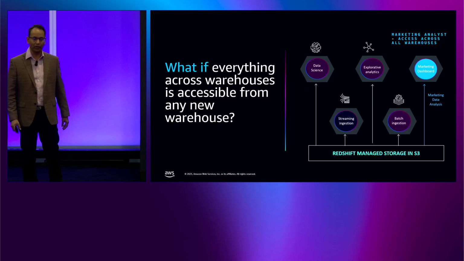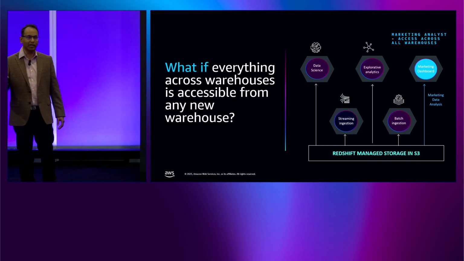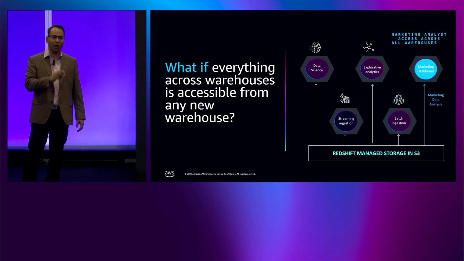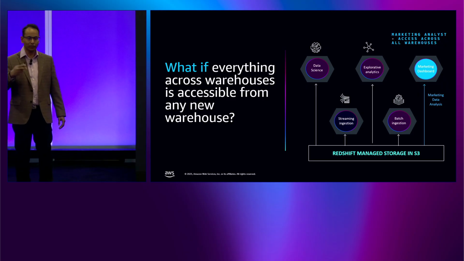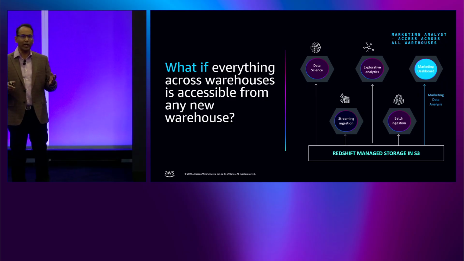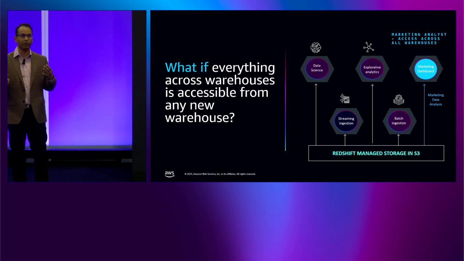For example, you have a new warehouse in blue, which is the marketing warehouse. You have the marketing data, but this marketing analyst wants to access the data across all your other warehouses, right? Your warehouses could be data science or streaming or others. How can that marketing analyst role start accessing the data without creating an additional set of permissions?